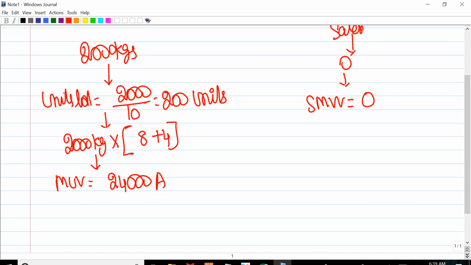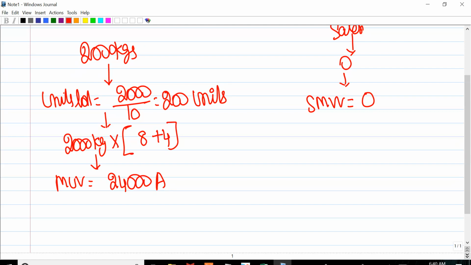FOH volume variance is irrelevant in relevant costing, as there is no concept of absorption.